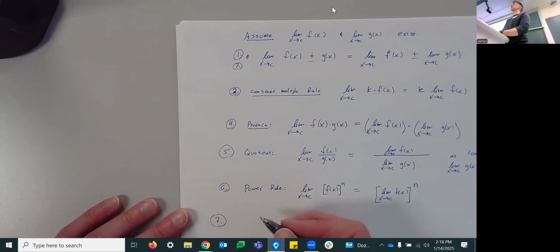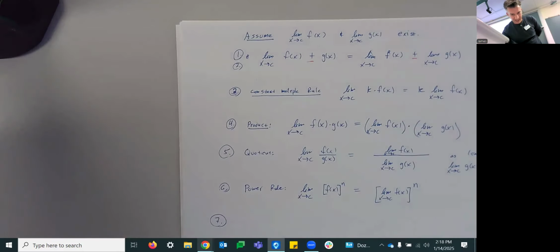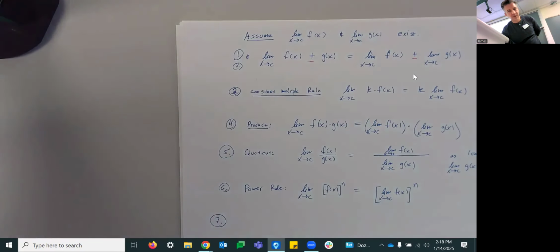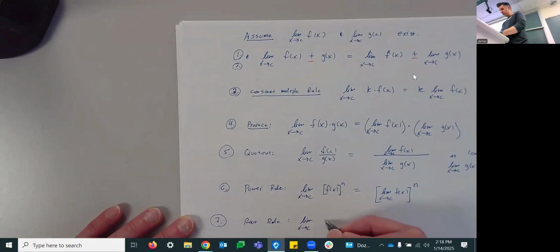And finally, the one I just looked at and don't remember what it was at all. Oh, I think it's the root rule. Which is still the same, to be honest. The root rule just says if your power is a root instead, like 1 over n, same kind of idea applies.